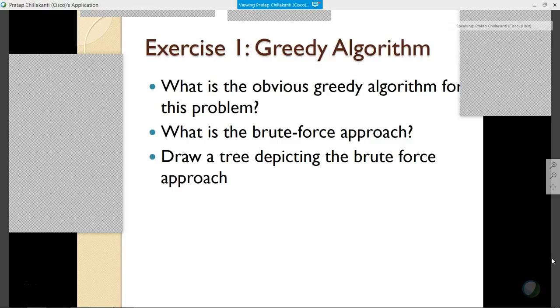So what kind of greedy algorithm would you use? What is the brute force approach? Draw a tree depicting the brute force approach. Okay, very interesting, right? You already solved the problem, correct? But if you go back, you should now know how to draw a tree for the knapsack problem in the class.